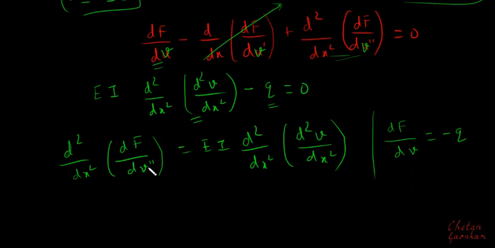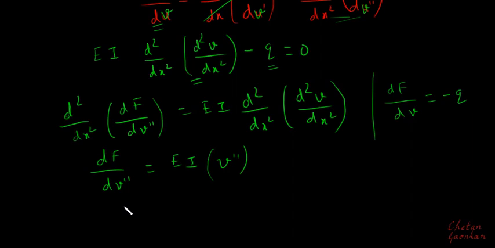Now, our aim is to find f, and in order to find f, first we have to integrate this equation on both sides twice with respect to x in order to remove these terms, right? With that we get df by dv double dash is equal to EI times d square v by dx square, which is the second derivative of v, which we can write as v double dash.